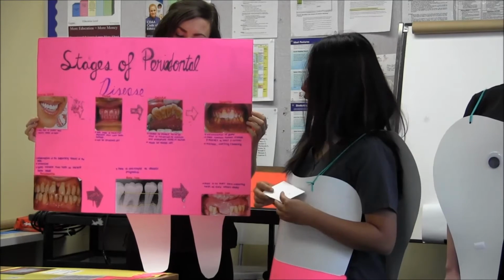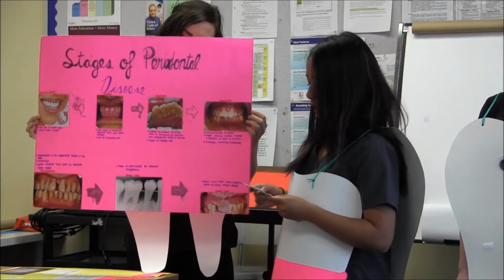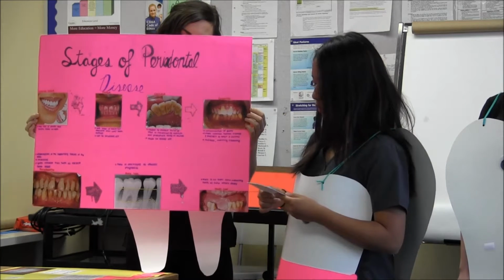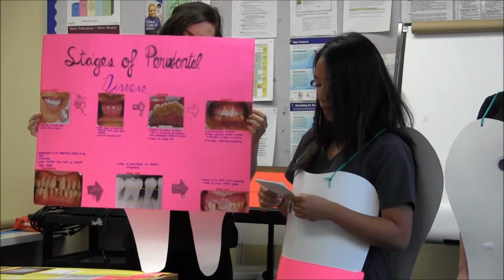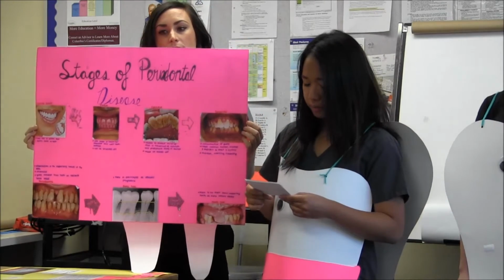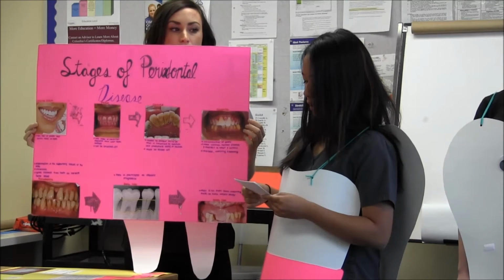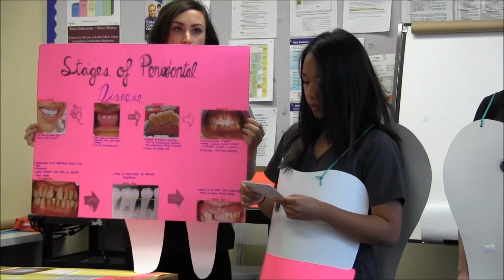If left on, it can irritate the gums, which causes gingivitis. And gingivitis is an inflammation of gums, the most common human disease, and is the easiest to treat and control. Symptoms are redness, swelling, and bleeding. And if that isn't treated, it turns into periodontitis, which is the inflammation of supporting tissues of the teeth.